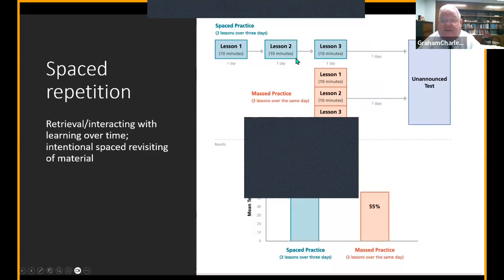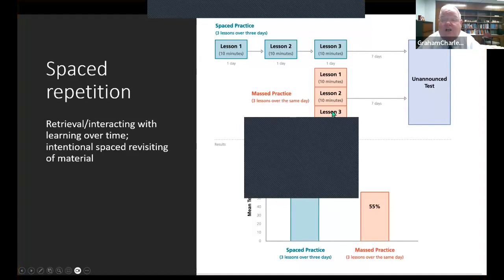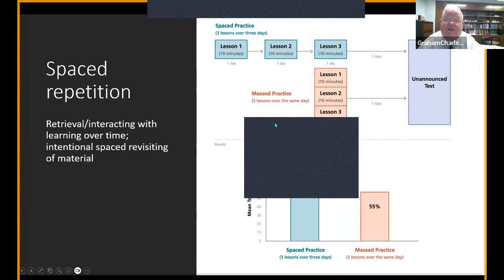I mean, this is just a simple study, but they had 3 10-minute lessons, and when you give 3 lessons over 3 days as opposed to 1 30-minute session, and then you wait 7 days and you give a test, the people who had the spaced practice have much higher long-term retention, or 7-day retention at least.